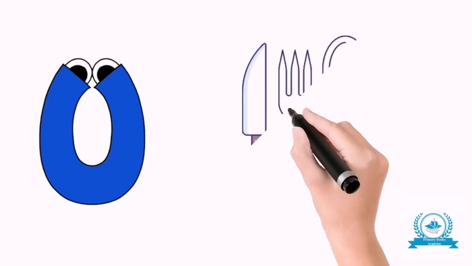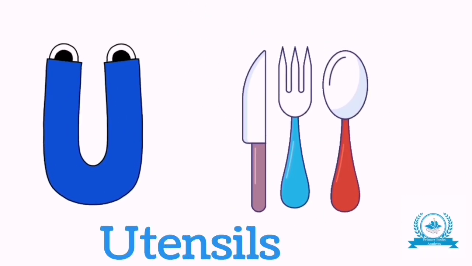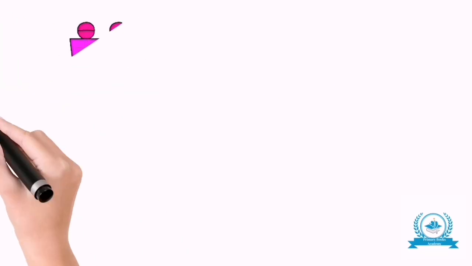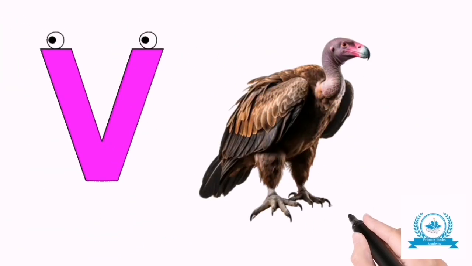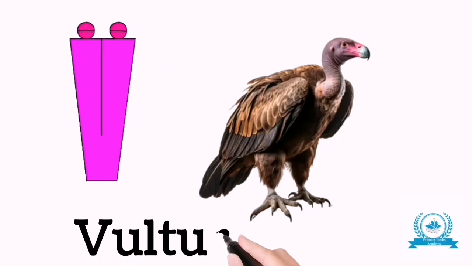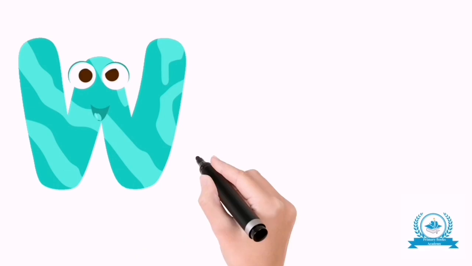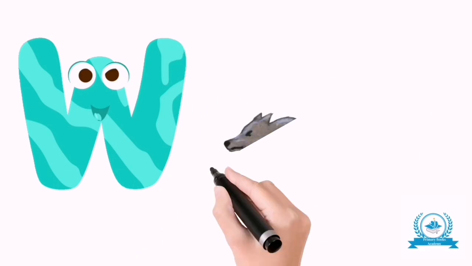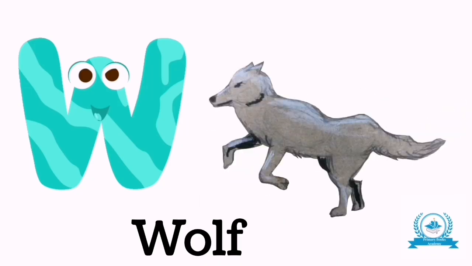U for utensils. V for vulture. W for wolf.